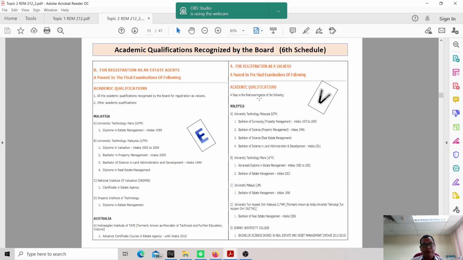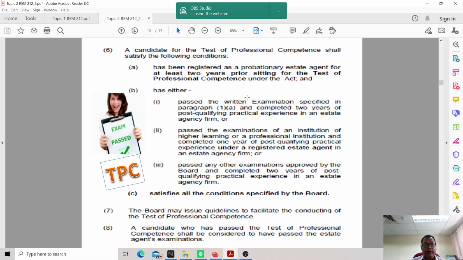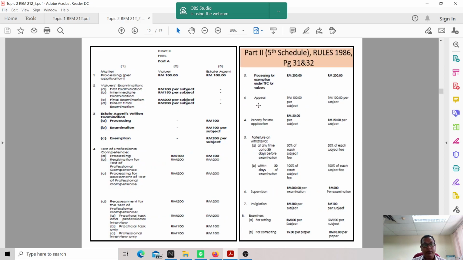Okay, so this is the most important aspect for us, whereby the Board of Valuers exempts some of the academic programs, so holders don't have to take the examinations, the papers, everything.